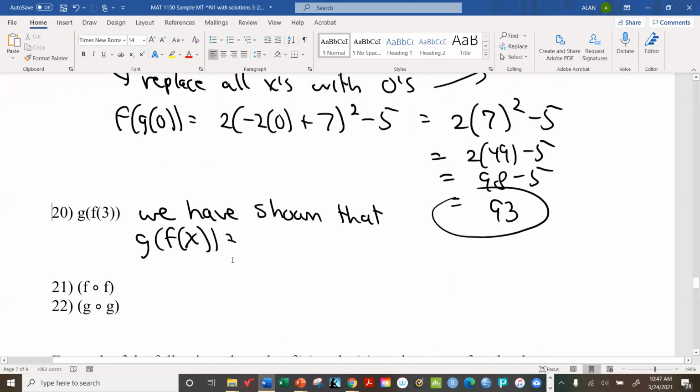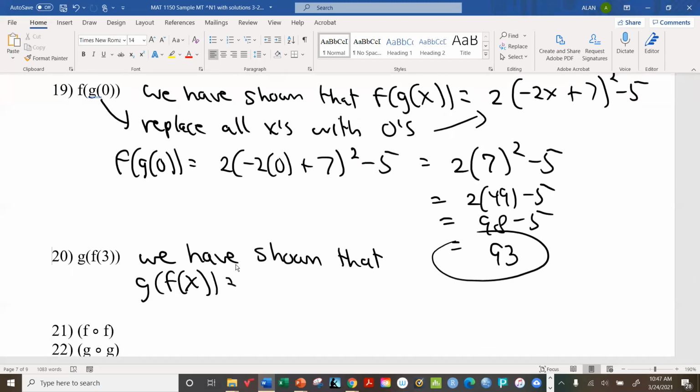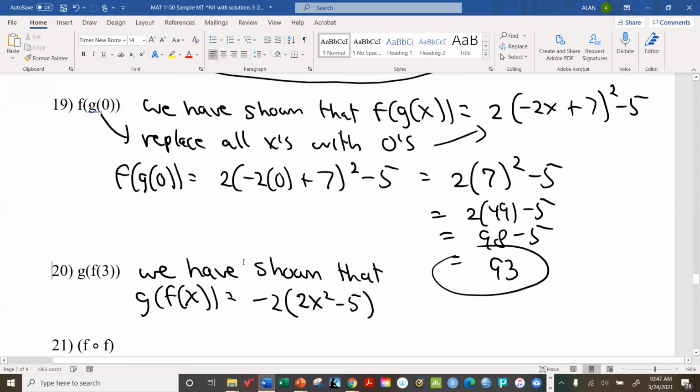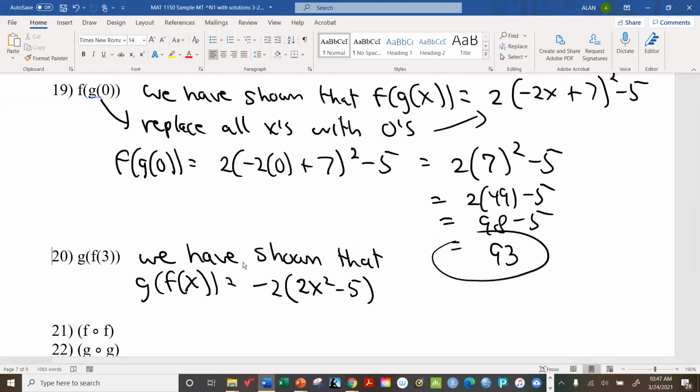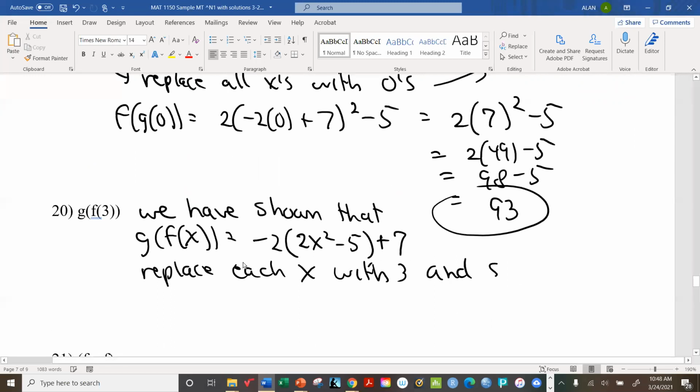So g of f of x, we showed up here, was minus 2 times 2x squared minus 5, plus 7. And so therefore, what we're going to do now is replace each x with 3. And of course, solve it.